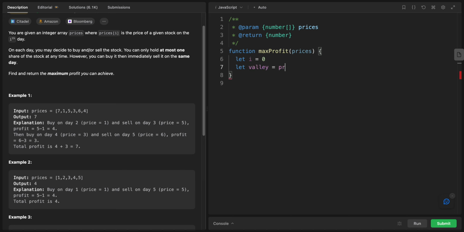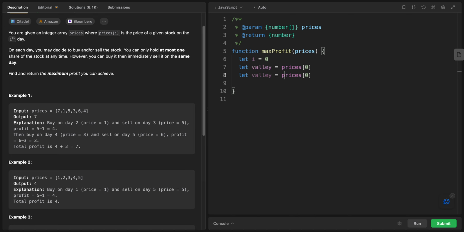It will be prices[0], and I'll create another one called peak, which will also be prices[0]. And we will create a max profit, and this is what we are going to return.